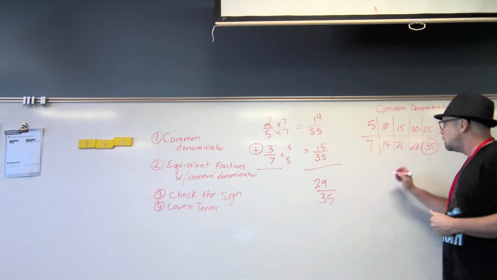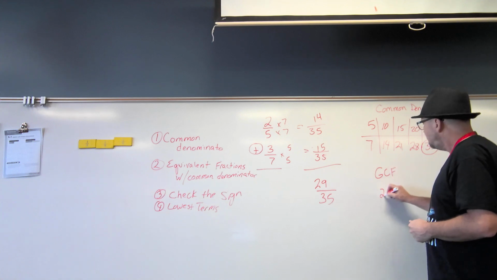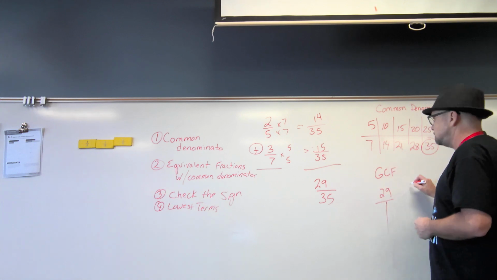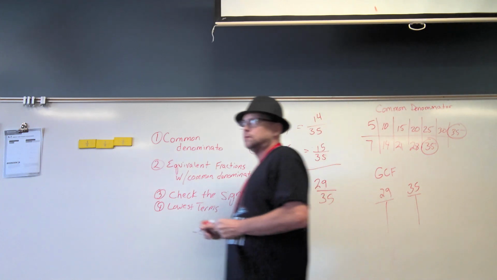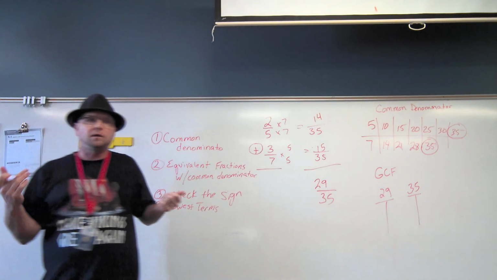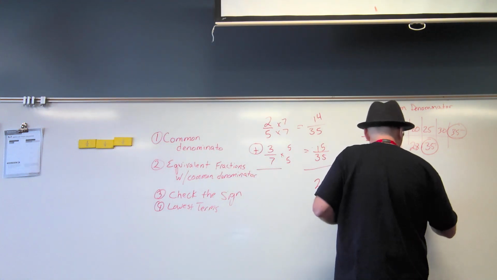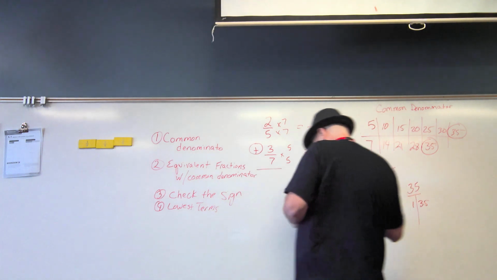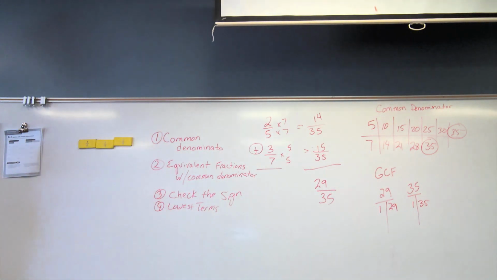No. So to do that, we could find the greatest common factor. In finding the greatest common factor, we just list all the factors of each number. Now we always start with 1 and the number. So 1 and 29, 1 and 35. What other factors does 29 have?